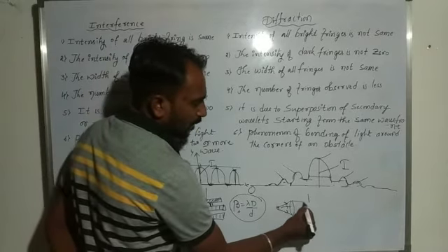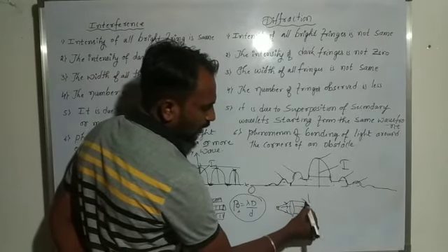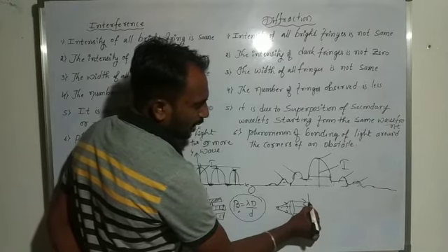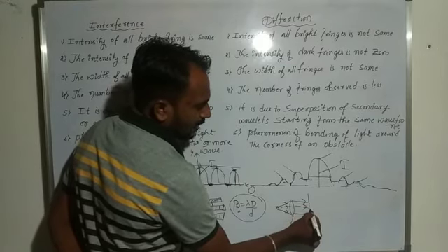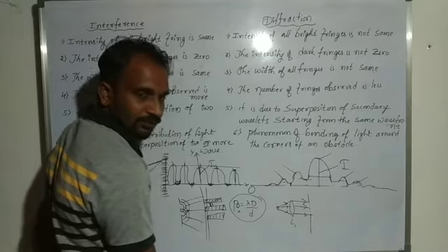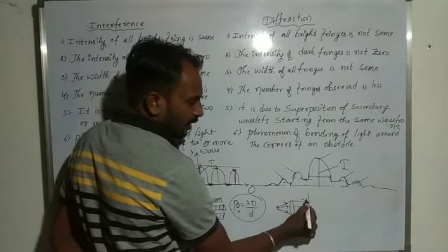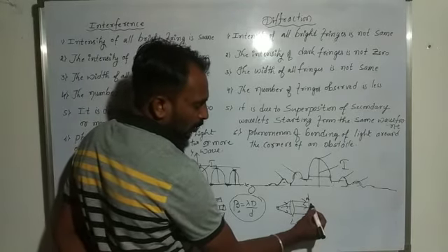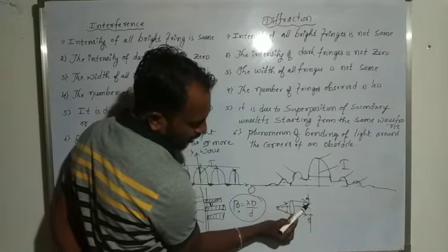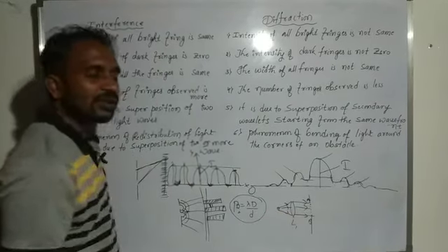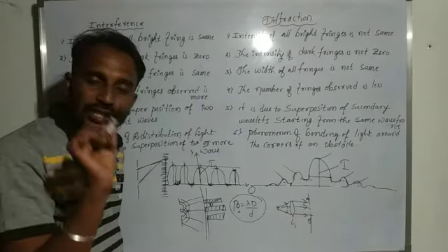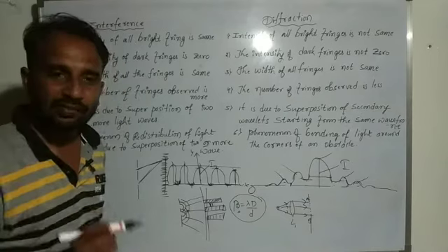Then what happens? We get a parallel beam of light. When this parallel beam of light is incident on a slit, whose width we consider AB, then what happens? These points act as fresh locus points of secondary wavelets.